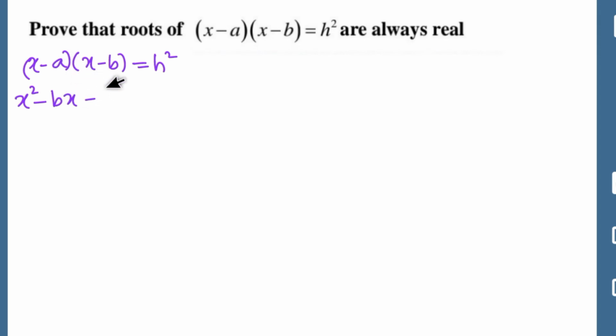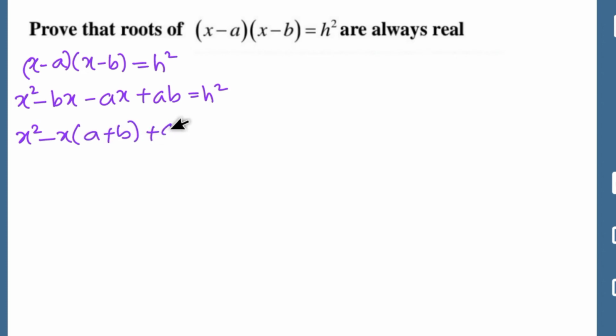Now multiply with minus a, minus ax, minus a into minus b, plus ab equals to h square. Write x square. From these two minus x is common, write minus x. First write a plus b, plus ab. Next write h square this side, minus h square equals to 0. So now it is ax square plus bx plus c form.